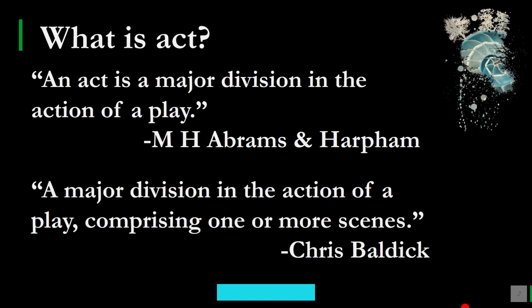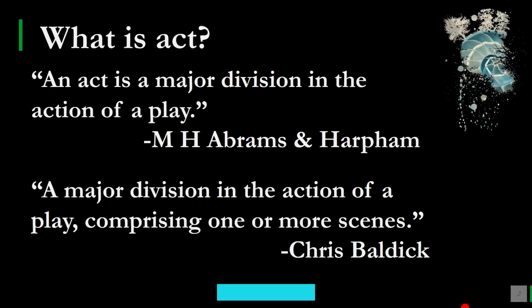Next we have a definition made by Chris Baldick. It is on the same line: a major division in the action of a play comprising one or more scenes. Now here we have some details about scene. Again, act is divided into scenes, and this whole process is combined in act. Now let's understand through a diagram so that we have a clear view of act.